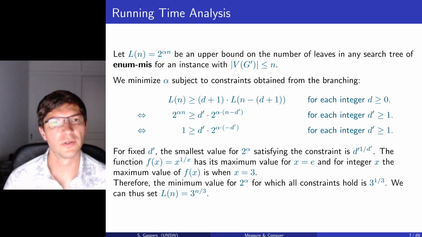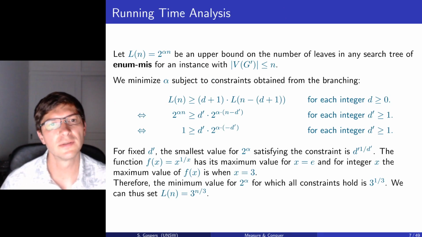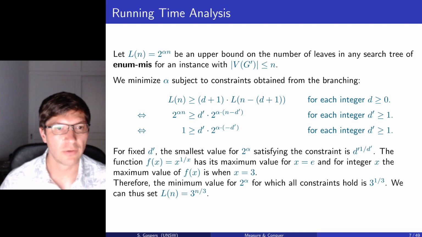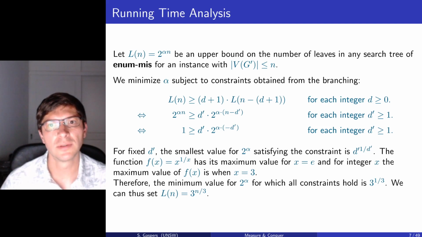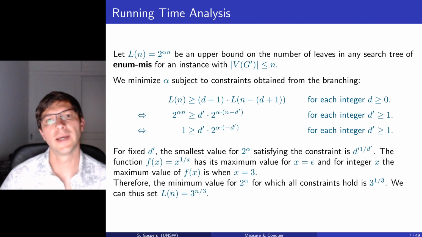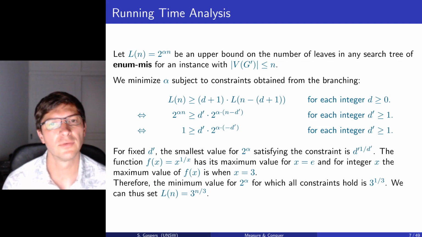Let us now upper bound the running time of this algorithm. And we do this by looking at the search trees that correspond to executions of this algorithm. We will denote by L of n an upper bound on the number of leaves in any search tree of the algorithm for an instance where G prime has at most n vertices.